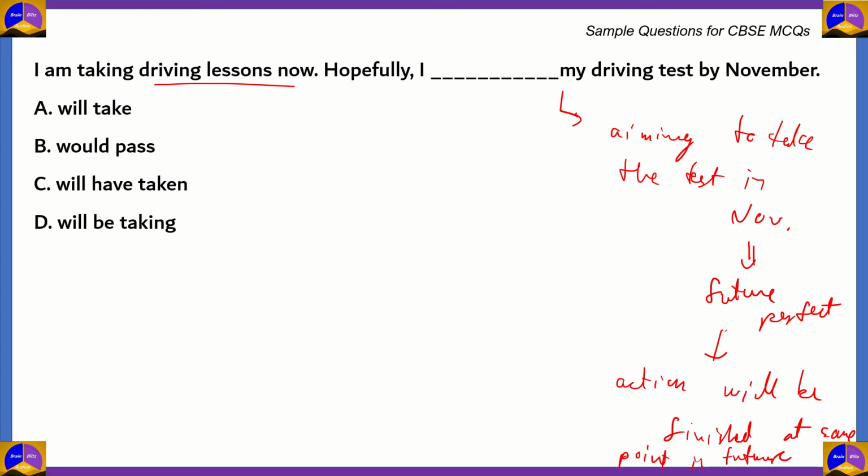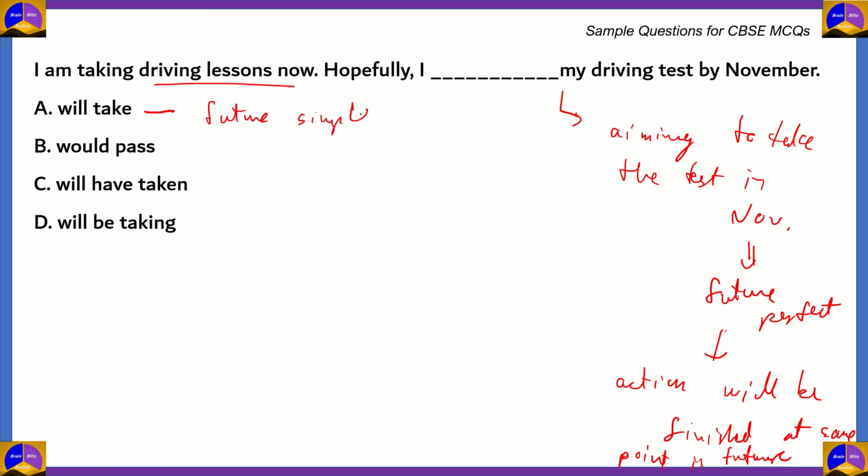So we need to find out which of these phrases can be used as future perfect, and then that phrase would be the correct option. If you look at option A, it says will take. Will plus the present form of the verb is usually used as future simple.